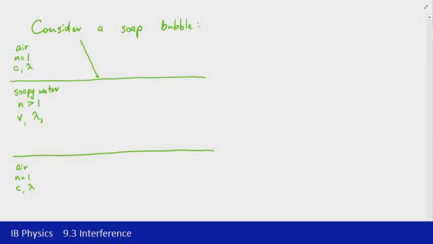Now, in this scenario, we need to consider a ray of light that's travelling towards the soap bubble. That means that we need to identify that there is an incident angle that we're dealing with, and that incident angle here is actually really quite small. So there's an important point to note here that theta is very small, and by very small we mean that it's effectively or very close to being perpendicular.